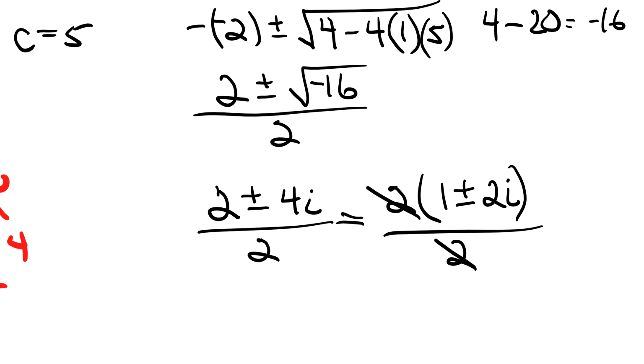Okay, the 2's cancel out, and I'm going to have 1 plus or minus 2i. And that's what we get from that one. Okay, and here is our answer for that one right here.